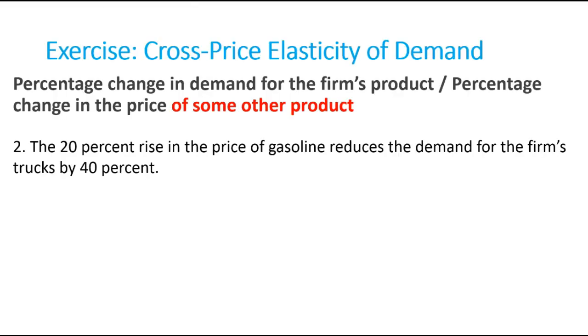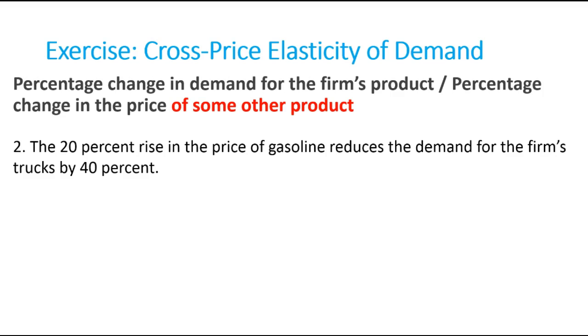The second example looks at a rather different relationship. So in this case, it's looking at goods that are used together. In other words, they're complementary. Or we would say that the goods are complements with each other. If you use one, you've got to use the other one. So if you use a truck, in this case, you've got to use gasoline.